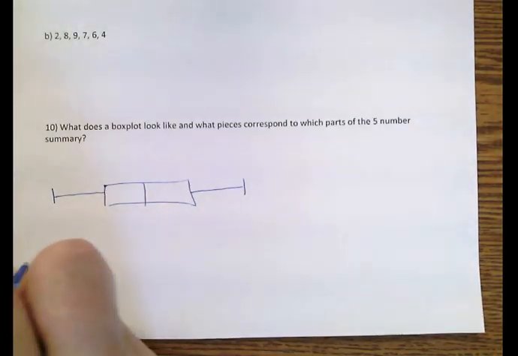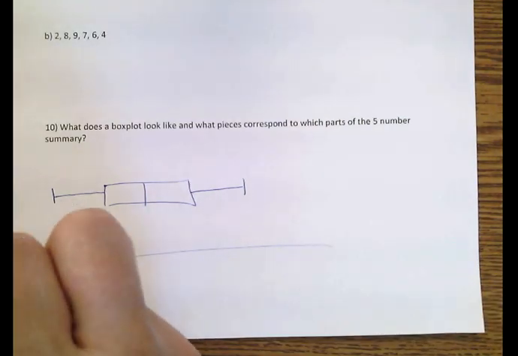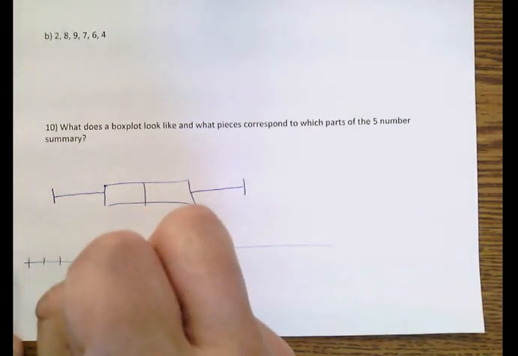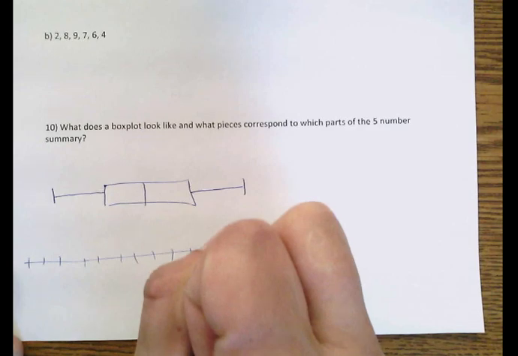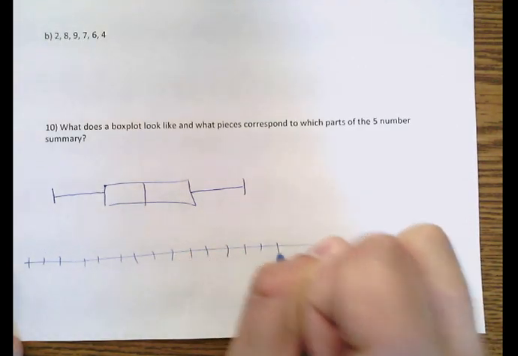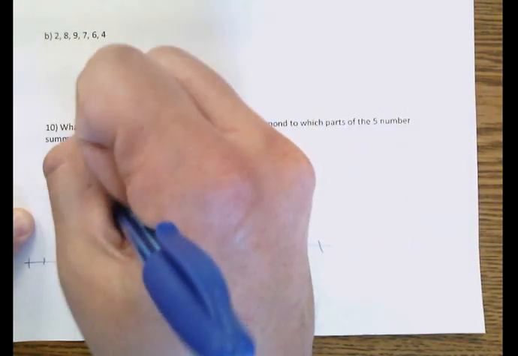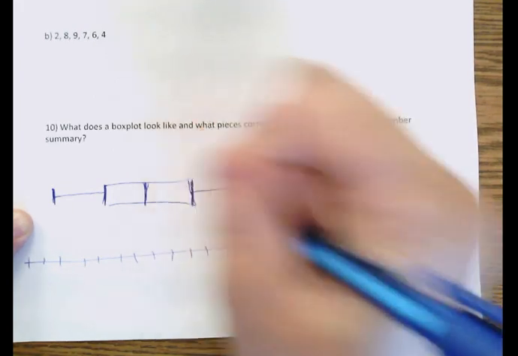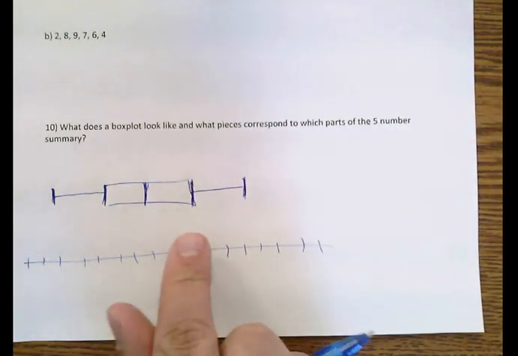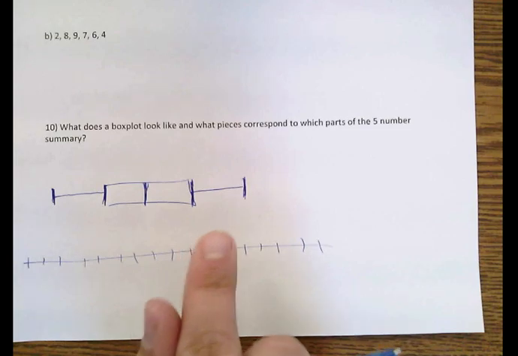Typically with a box plot, though, we want below it some sort of number line. The whole purpose of this number line is that different parts of the box, like this vertical segment here, this vertical segment here, and this vertical segment here, all correspond to some important pieces of our data set.